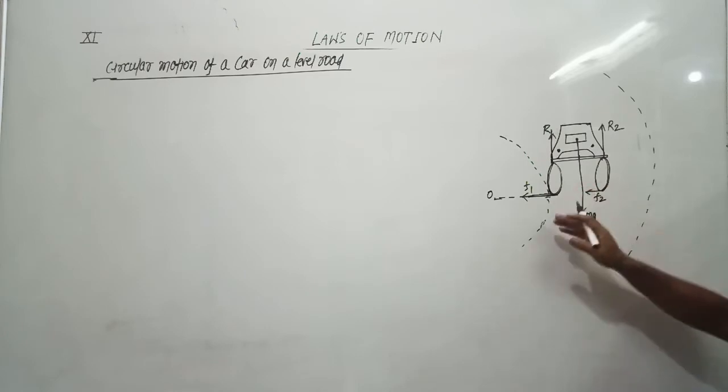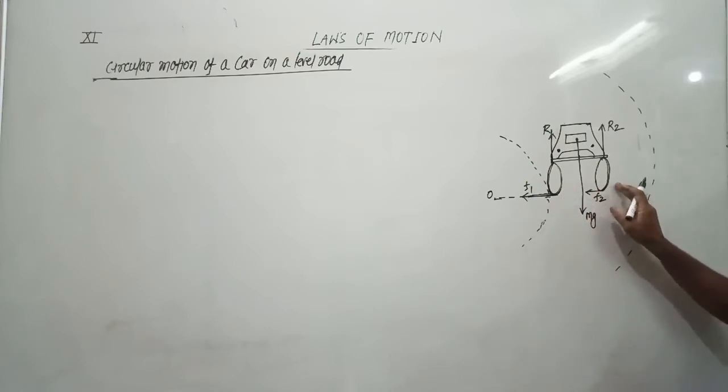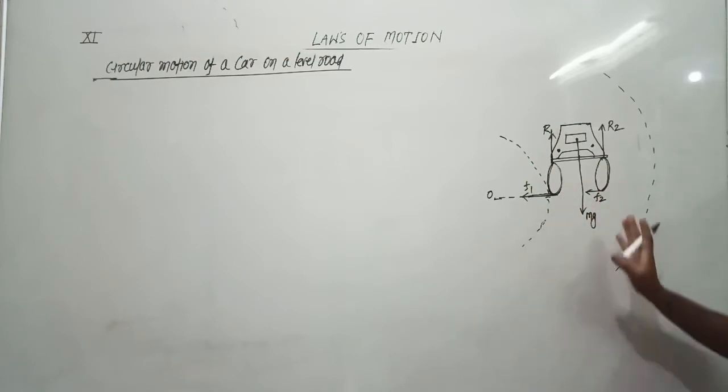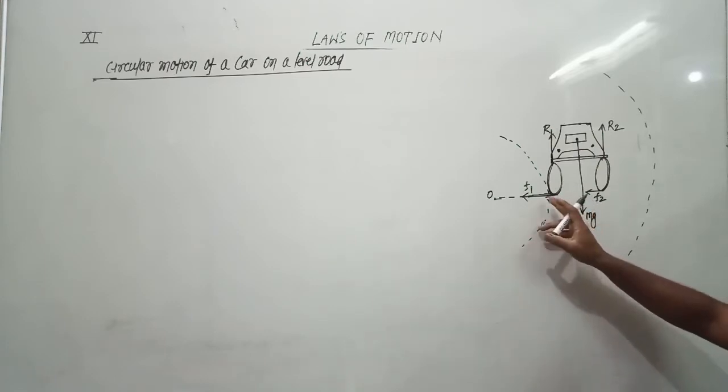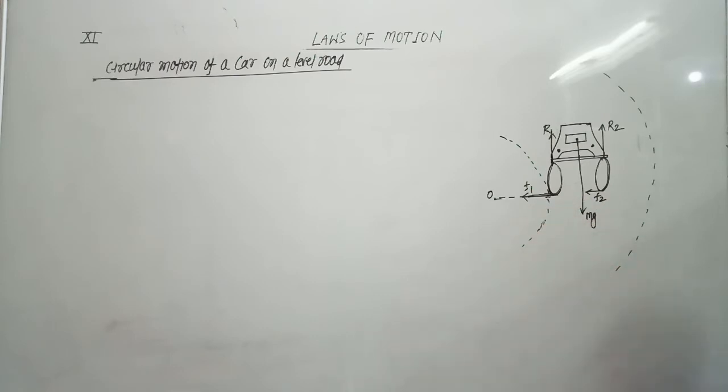In a turn, the wheels of the car tend to move in an outward direction, away from the track, and therefore the centripetal force required is provided by the forces of friction F1 and F2, which are acting on both the wheels.